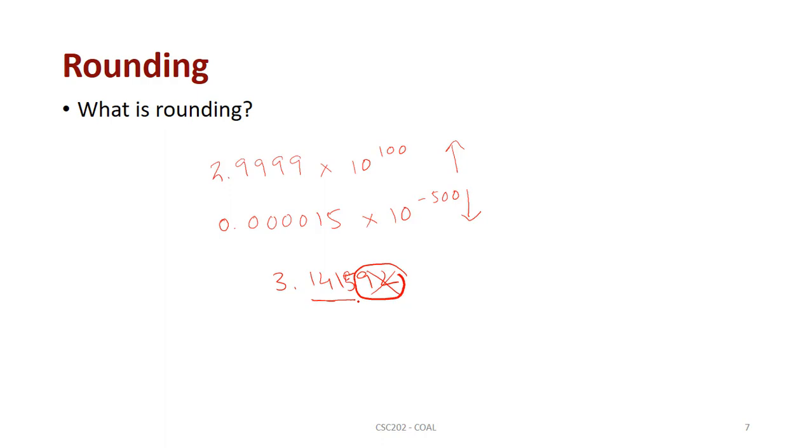But what will happen if you discard the last bits or digits which cannot be stored in the available RAM or storage cell? You will get inaccuracies in your calculation. And if you remember, I always give the example of the Patriot missile failure. One of the reasons for the Patriot missile failure was rounding.